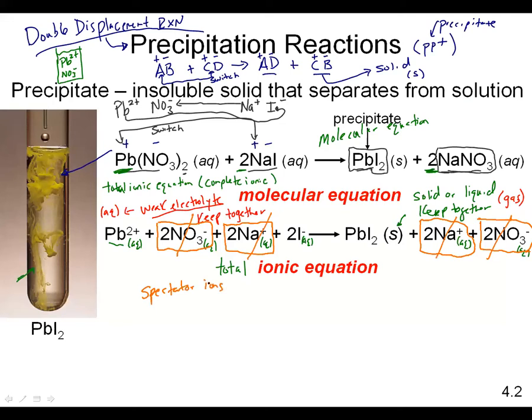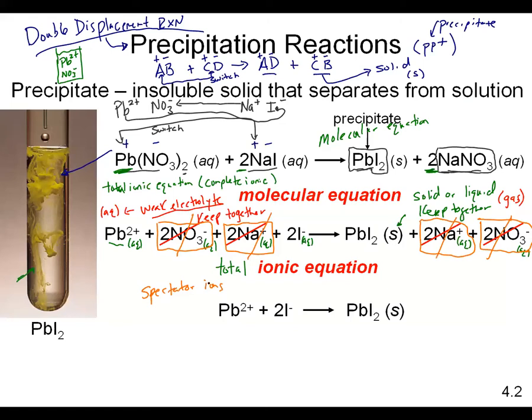And much like the name implies, our spectator ions are pretty much just there watching. They are really not involved in the actual product that's being made in this reaction. If you look at that test tube to the left, the actual product that's being made is that yellow solid, which is the lead 2 iodide.